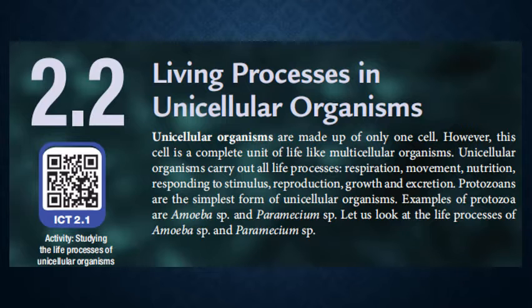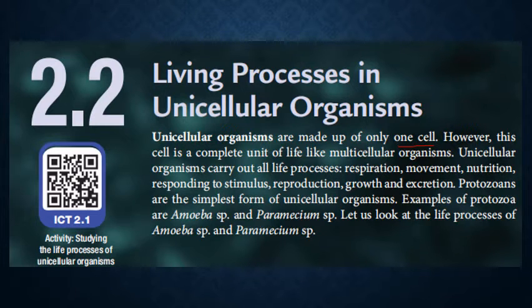Now, moving on. Living processes in unicellular organism. Bear in mind that most of the resources that I use for this video are taken from our textbooks. So, our main reference here is textbooks. Therefore, I'm here to guide you on how to read textbooks. Unicellular organism are made up of only one cell. However, this cell is a complete unit of life, like multicellular organism.